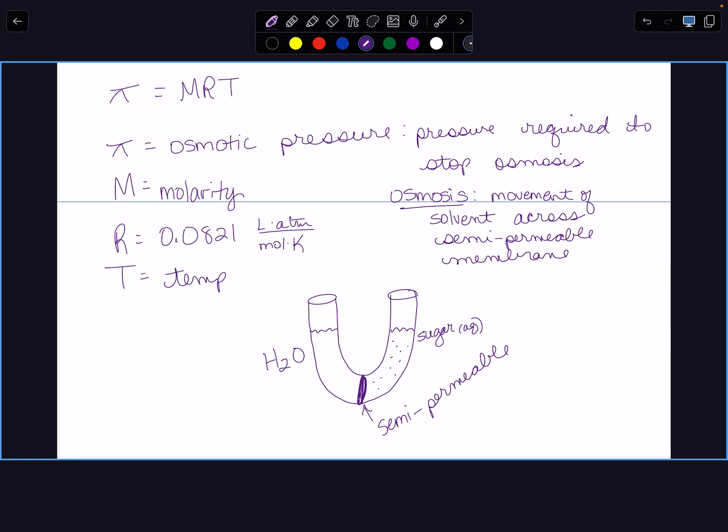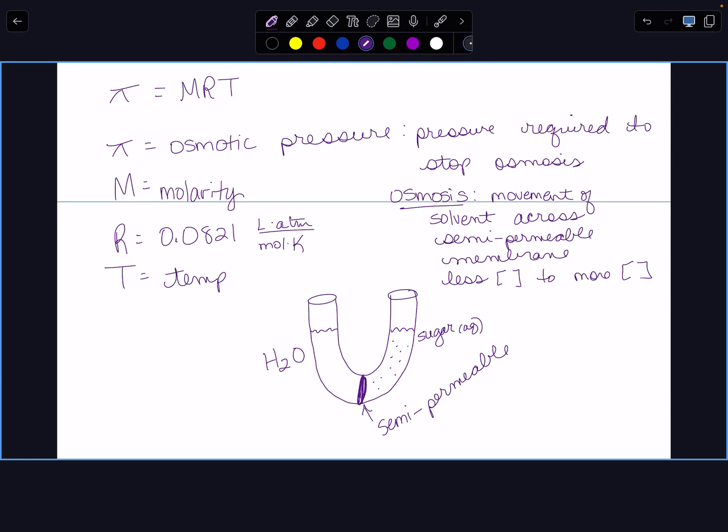Okay? So osmosis, I said it's the movement of solvent molecules across a semi-permeable membrane. Y'all, they always move from the less concentrated to the more concentrated. So the way I think of it is, we've got water here, we've got sugar water here.